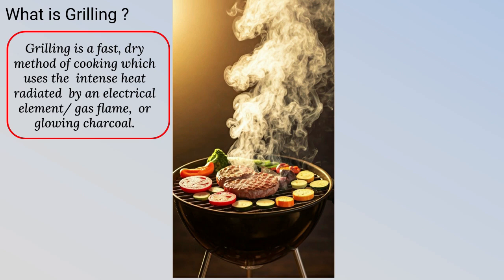Grilling is a fast, dry method of cooking which uses the intense heat radiated by an electrical element, gas flame or glowing charcoal. This can be used for heating the griller, and ultimately the product will be grilled on that.